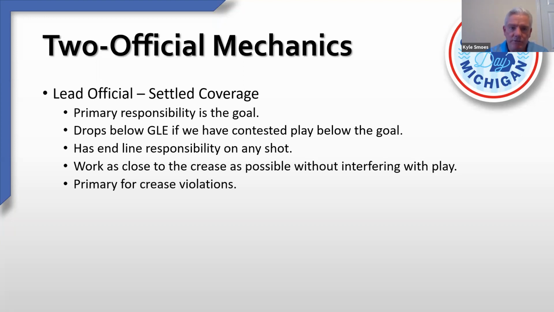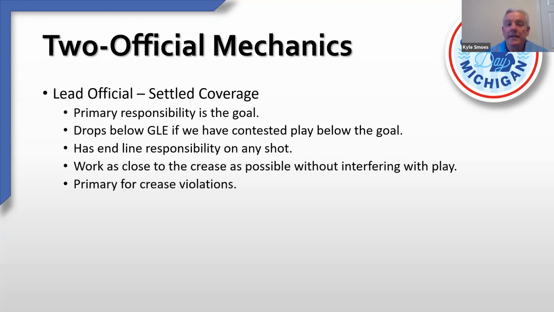So now we move on to two official mechanic. And we're going to start with the lead official in settled coverage. A lot of the same responsibilities as in 3. You have the goal. You are going to drop below GLE, even if there's only 2 of you. You still have to get below there.